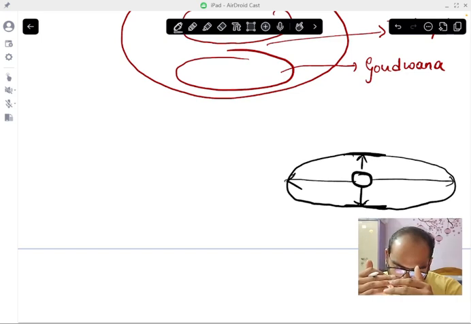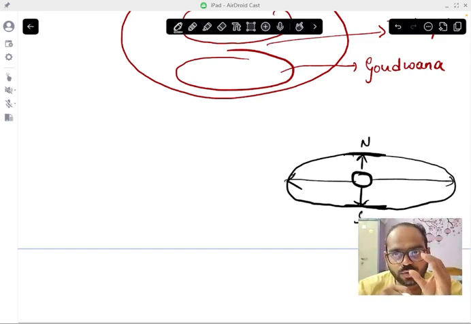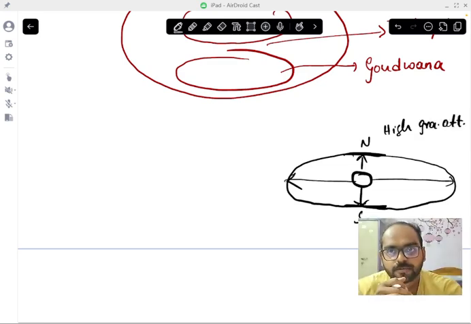This results in higher gravitational attraction at the poles due to the proximity of the core. Why high gravitational attraction at the poles? Because of the proximity of the core. The core is very dense in nature, which means it has more weight.